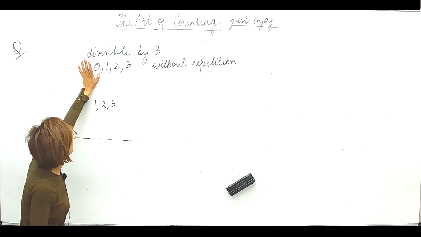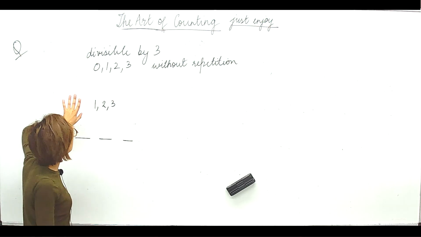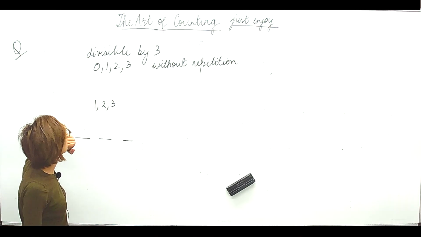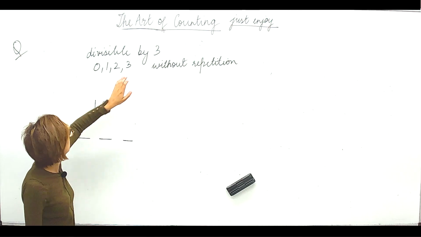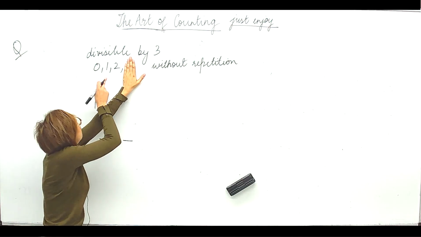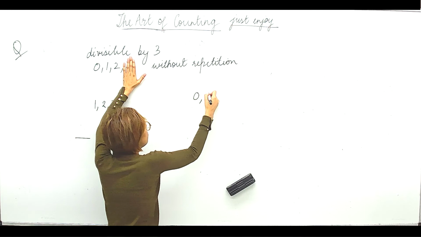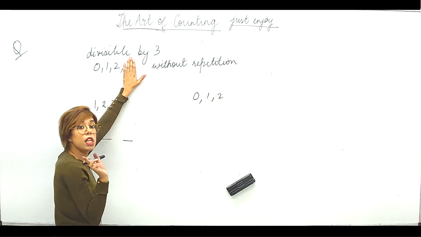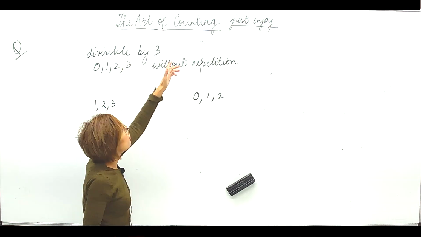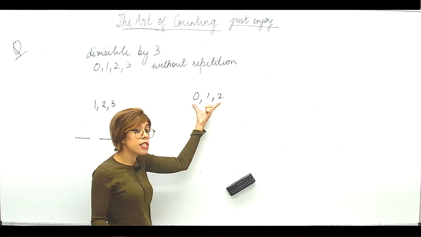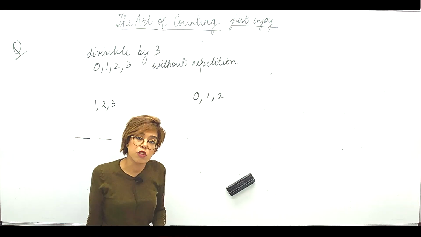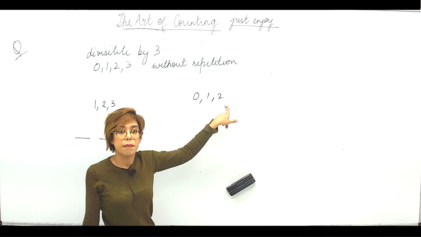Right? Okay. Now what else? Using these 4 digits, I need to make the sum divisible by 3. So if I get rid of 3, I'll have 0, 1, 2. 0 plus 1 plus 2 is 3. Right? That means if I form a number using these 3 digits, I can have a number divisible by 3 because the sum is 3.